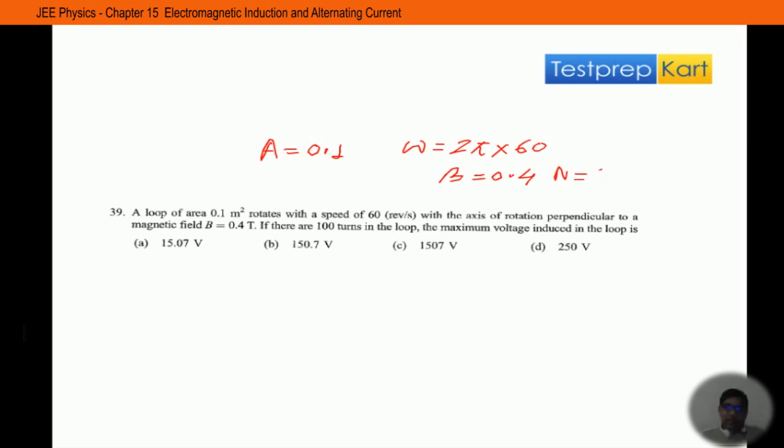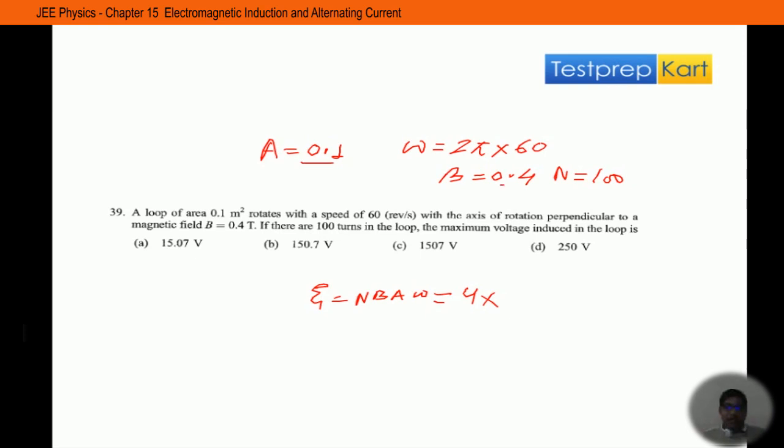So what is the maximum induced EMF? We already solved this kind of question, that maximum induced EMF is N B A into omega. So N is 100 and B is 0.4, so we can substitute here. So this is 0.4 into 100 into 0.1, so it would be 4. I'm directly calculating this.